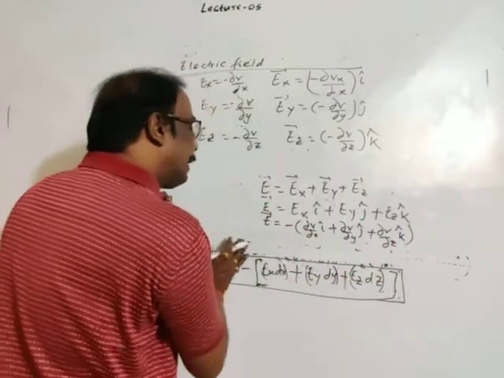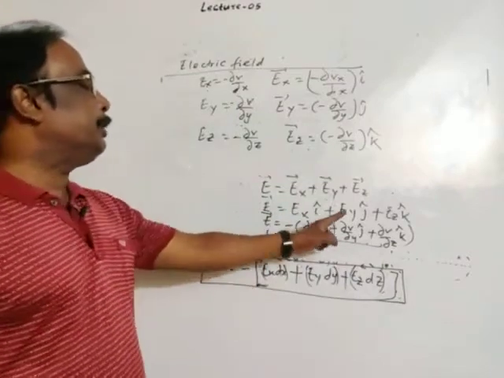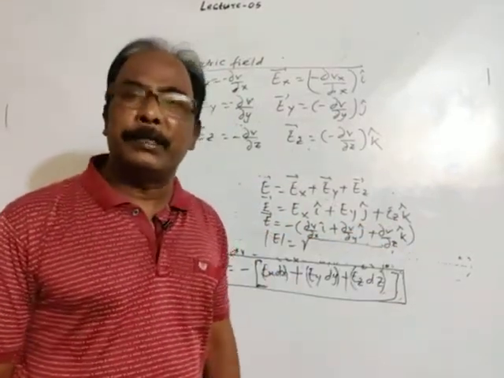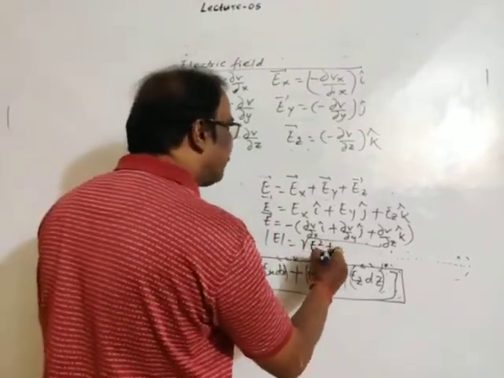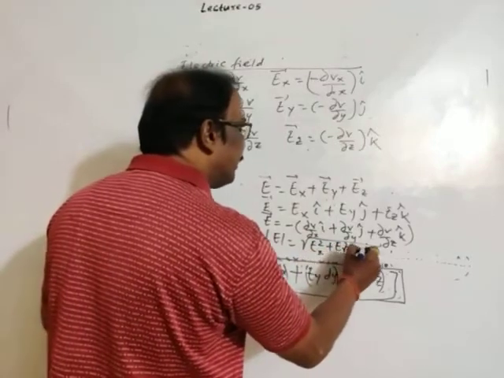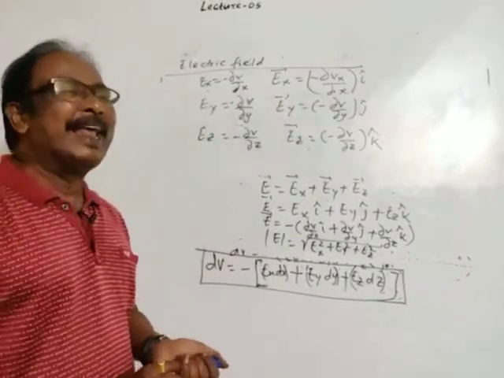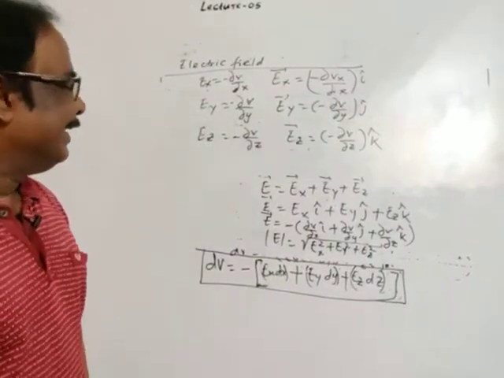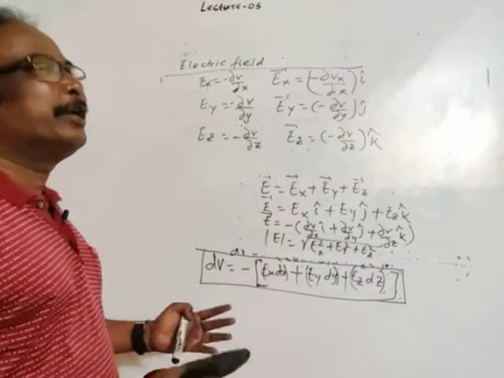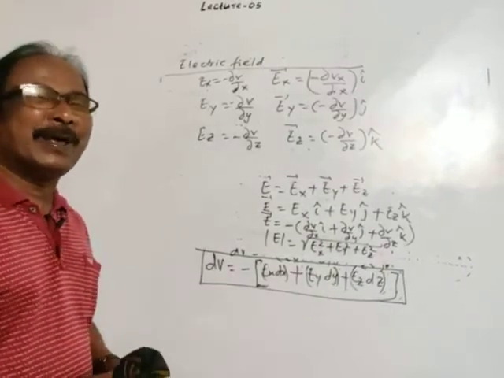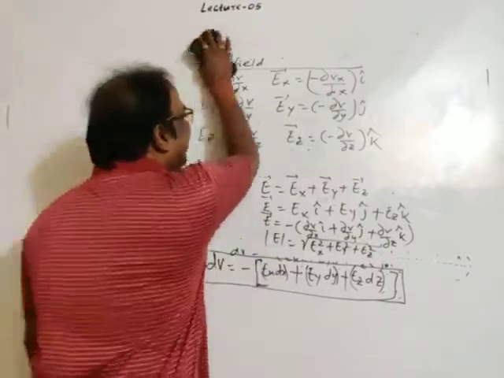So the magnitude of electric field is, see, Ex, Ey and Ez are rectangular components of electric field in the Cartesian coordinate system. Then the magnitude of electric field is square root of Ex square plus Ey square plus Ez square. All these you know in vector, position vector. Okay. If the position vector of a point is A, the coordinates are Ax, Ay, Az, then the magnitude of vector A is square root of Ax square plus Ay square plus Az square. Okay. This is about the electric field.